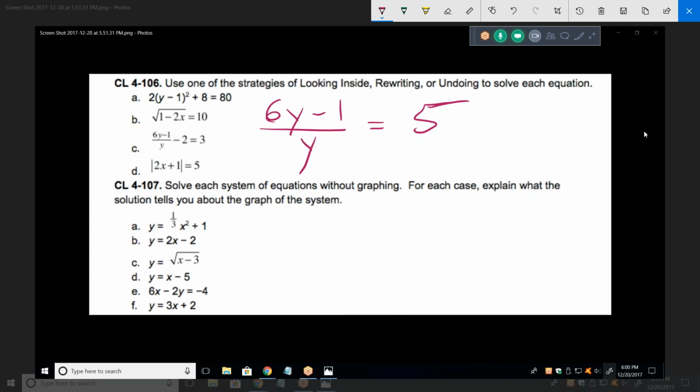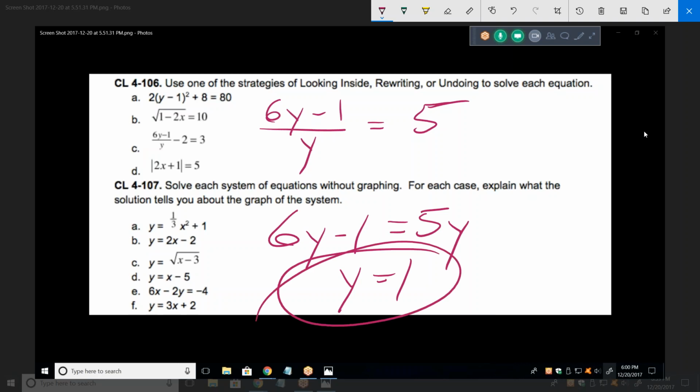Okay, now multiply by y. So then you have 6y minus 1 is equal to 5y. And to me this is easier. And now move the 5y over, move the 1 over. There is the solution to that.